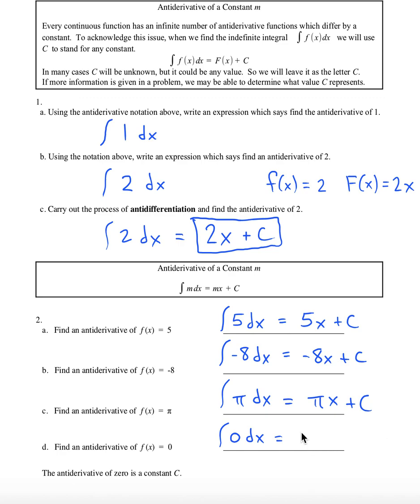Well, that would be any number. So let's follow the pattern above and see what it simplifies to. It simplifies to simply c, a constant. So the antiderivative of 0 is just a constant.